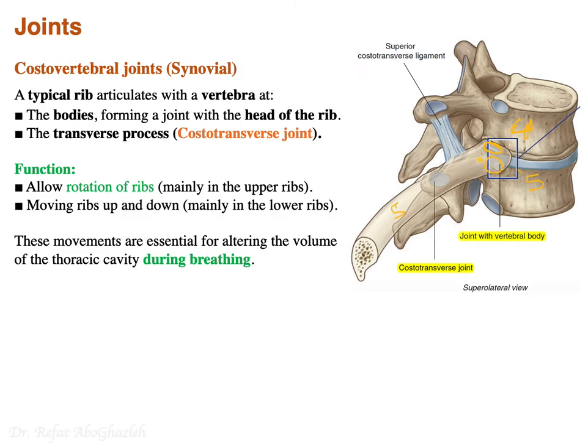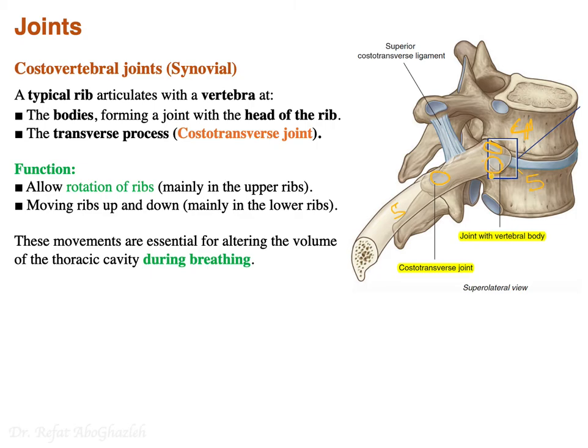And also we mentioned that the rib has, other than the head and neck, a tubercle. A tubercle has two parts, an articular part and a non-articular part. The articular part of the rib has a facet, and this facet is for the articulation with the transverse process of the same vertebra.